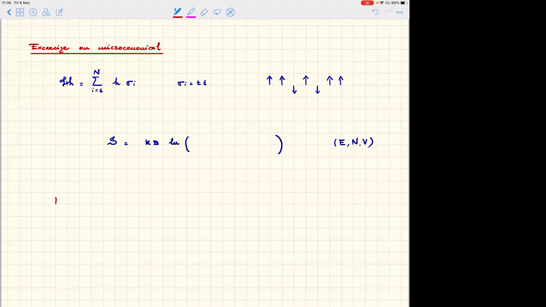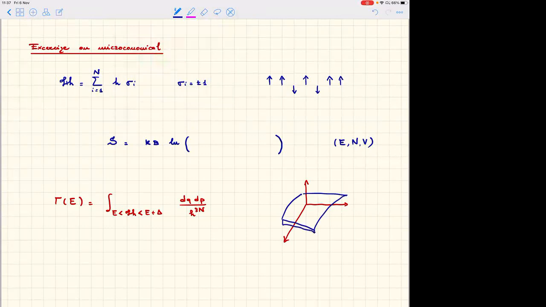So let me rephrase my question. Gamma Phi was equal to the integral over E smaller than H smaller than E plus delta of dq dp over h to the power 3n, right? So it's like taking a hypersurface like this, and what I do is I slice it into some cells.